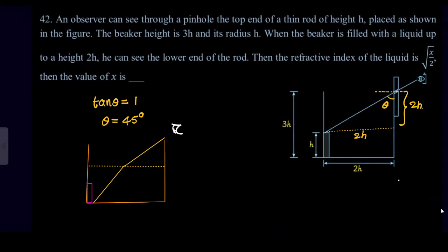At this location, if you draw a normal, we have drawn it here. So let's observe here. Now this is the angle. So the light ray has to go like this. Then the light ray has to be incident on the person's eye.